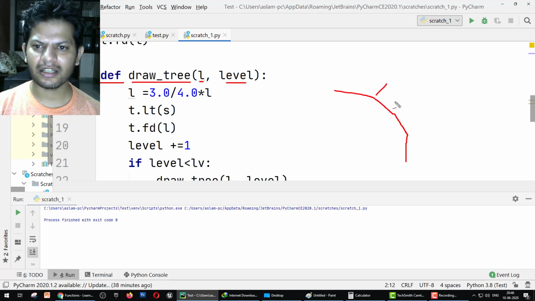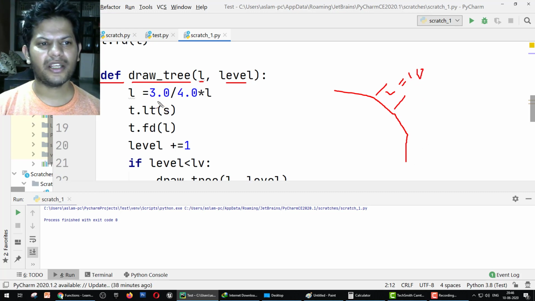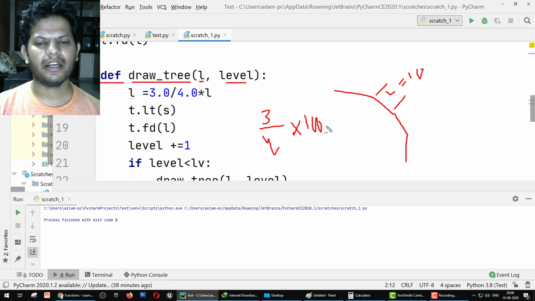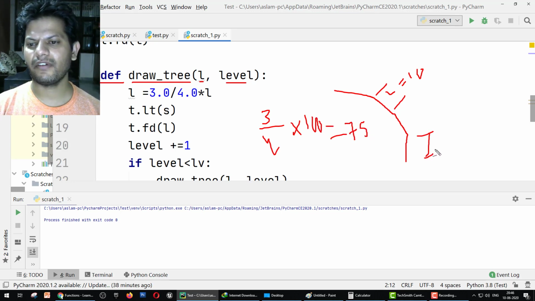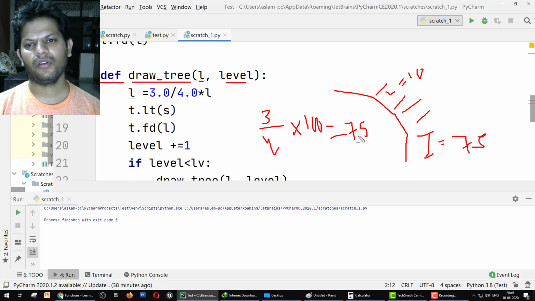This distance decreases. This distance is equal to L, which is 100, and at every step this distance decreases. It means we define in this function L equal to 3 by 4 into 100. It means 75. The first length is 75 and the second length is also decreased when 75 is multiplied by 3 by 4.